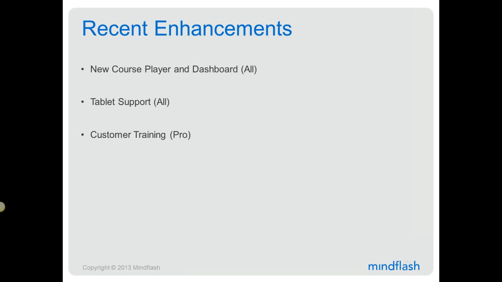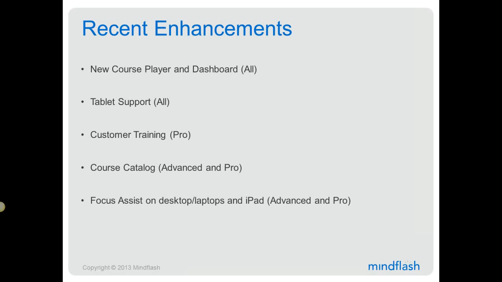We also have a single sign-on option if you're integrating it with another piece of software and an API that will let you do a lot of things in an automated fashion. So all of that is available on the Pro tier. As well as the course catalog, as I mentioned, that's available on the Advanced and the Pro, but that's a feature that's often requested by folks that are doing customer training.